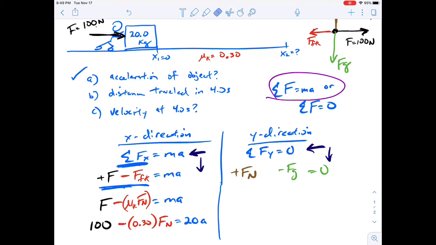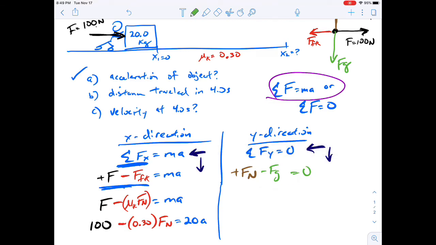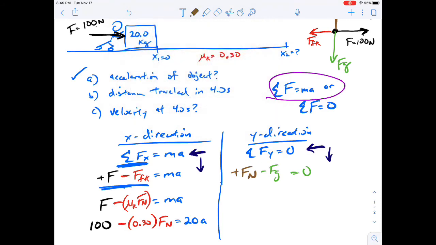I'm going to drag all this together, because the force normal minus the gravity is equal to 0. And really what that's saying, we already know, if you rearrange that algebraically, the force normal is equal to the gravity. That will not always be the case. In a couple problems, that won't be the case, and I don't want you to fall into the trap. Do not always think that the normal force and the gravity are equal, because that won't happen when I start pushing things at angles. Although some of you are going to fall into that trap, and it's going to hurt. It's going to hurt real bad.